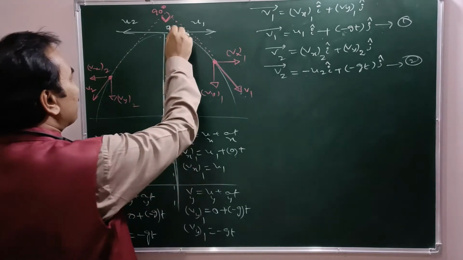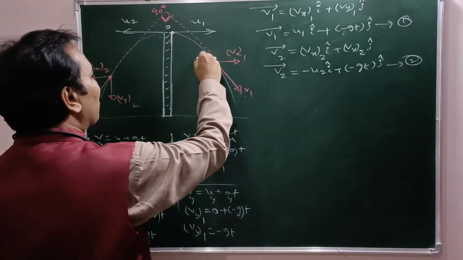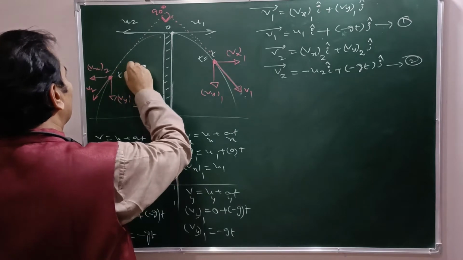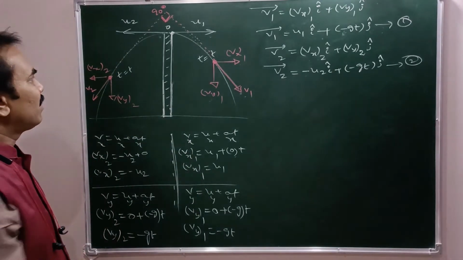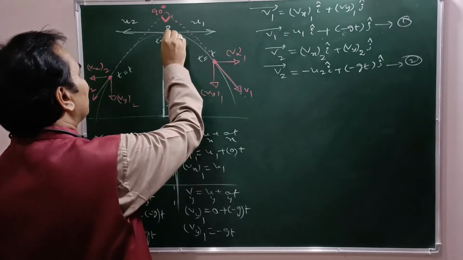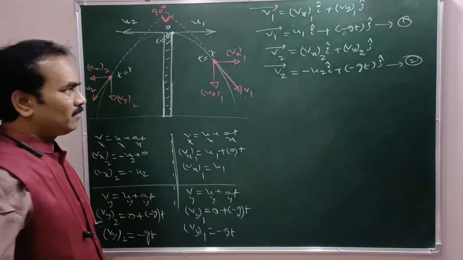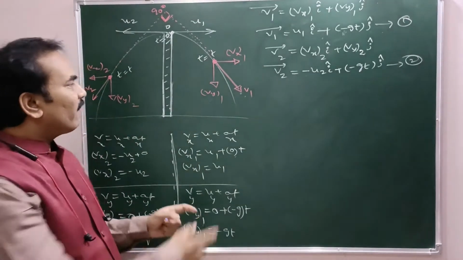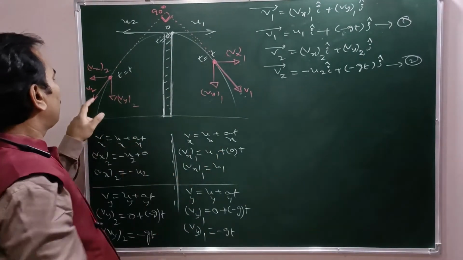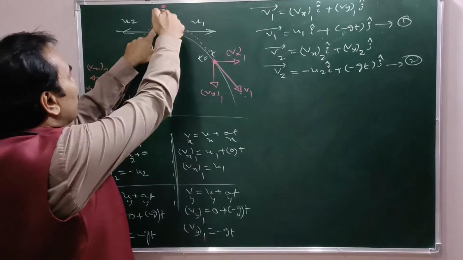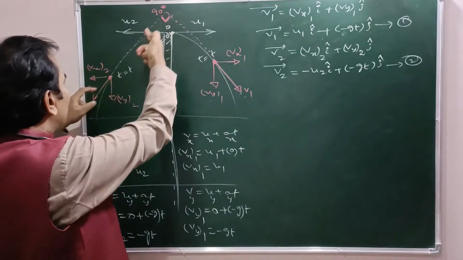See, here time t equals 0, and here time t equals t. Here also time t equals t, and here time t equals 0. Okay. Now from the question, v1 bar is perpendicular to v2 bar.